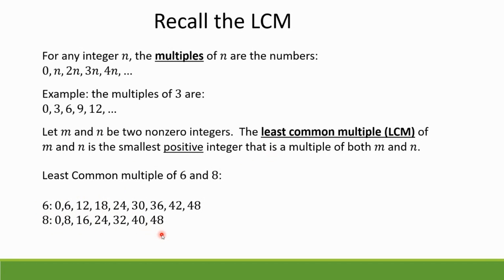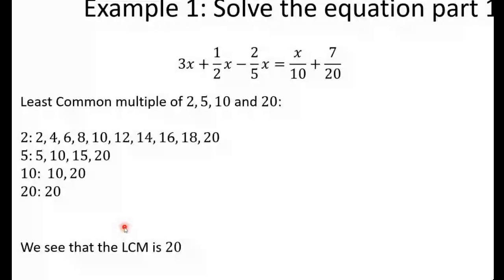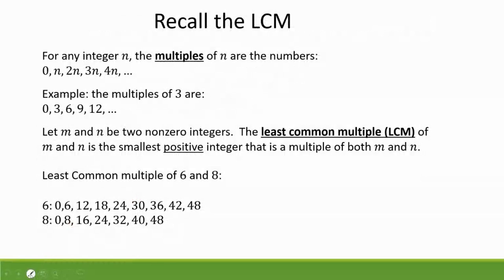And what do we get? Well, we have to get the first positive multiple in both lists, which looks like it's 24. So that's what we get here.